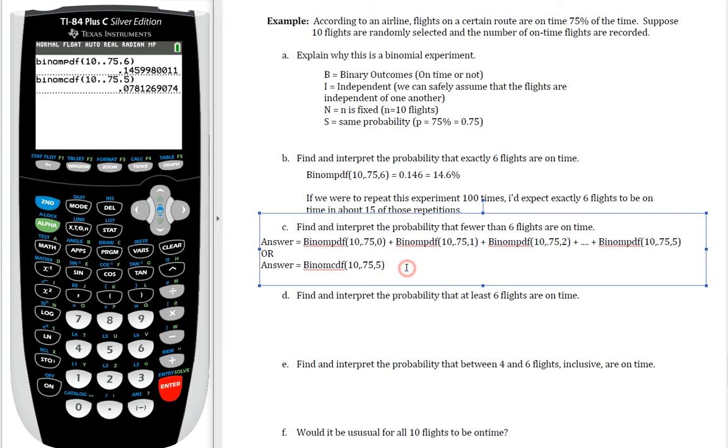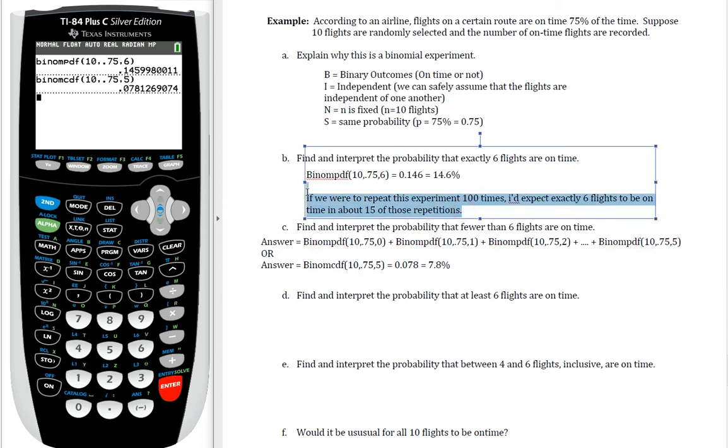If I run that, I get an answer of 0.078, or 7.8%. So that would be my probability. This would be the same answer as if I did each of these Binomcdfs separately and added them all together. When I would interpret this, I would interpret it in the same way that I did in the previous problem.